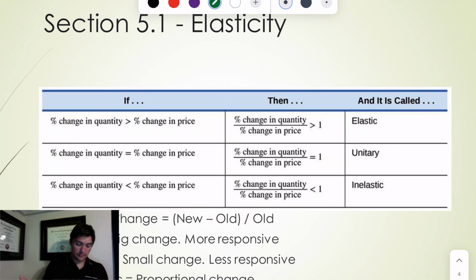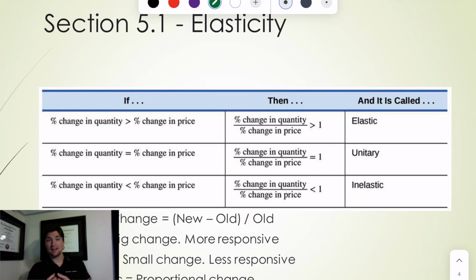Number one is elastic. Now think of something as a rubber band as being elastic. And what can you do with an elastic rubber band? You can really stretch it, right? So what would that mean for the percent change in quantity? Because the price goes up, we're going to have a big change in quantity.